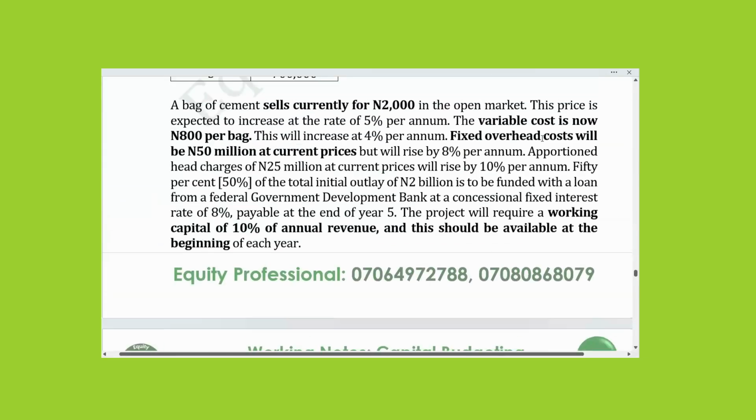You are told that 50% of the initial outlay of 2 billion naira is to be funded with a loan from the Federal Government Development Bank at a concessional fixed interest rate of 8%. So let me copy this.